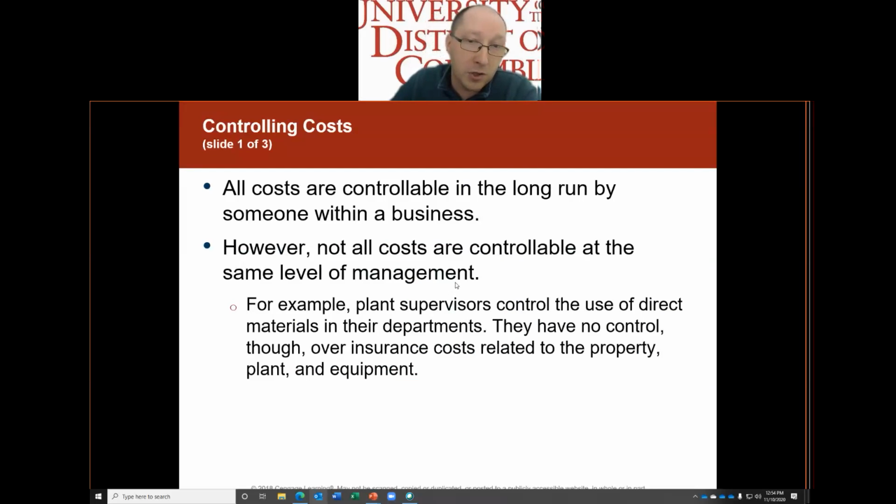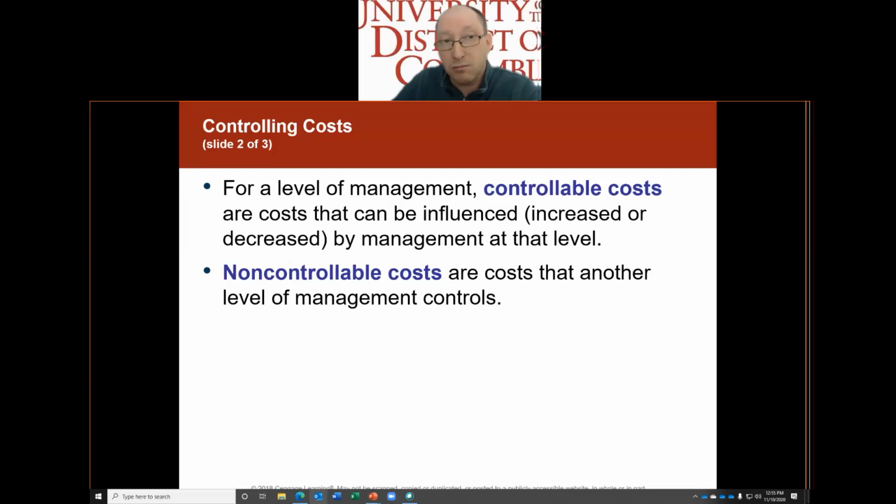Controlling costs, when we control costs, we talk about all costs of the business. This will include things like plant supervisors' salaries. Although there might not be control over things like insurance related to the property, plant, and equipment, we'll have control over costs that we can have control over. We call these controllable costs.